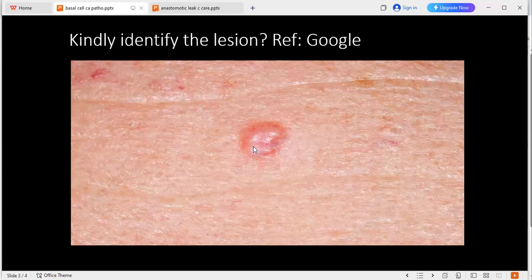Okay. What lifestyle changes would you suggest to the patient to adapt afterwards, after you've done the procedure? Avoid the sun exposure, and apply sunscreen.